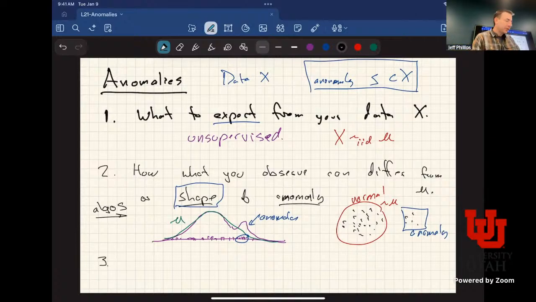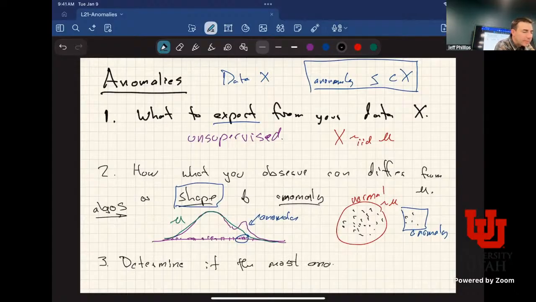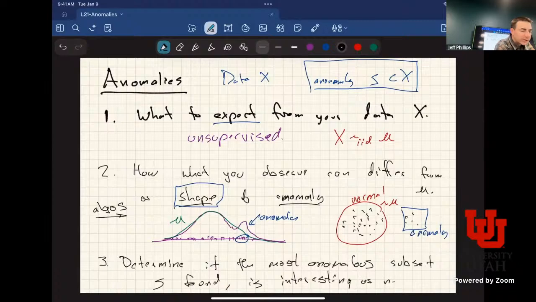The third part will be to determine if the most anomalous kind of subset S found is interesting or not.